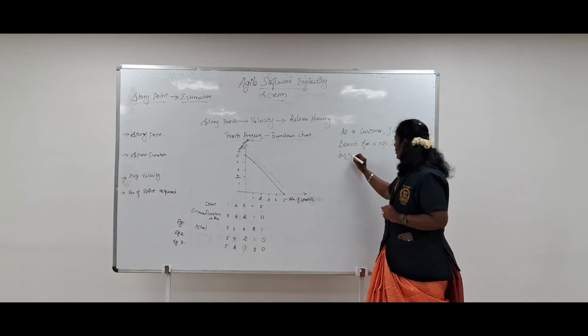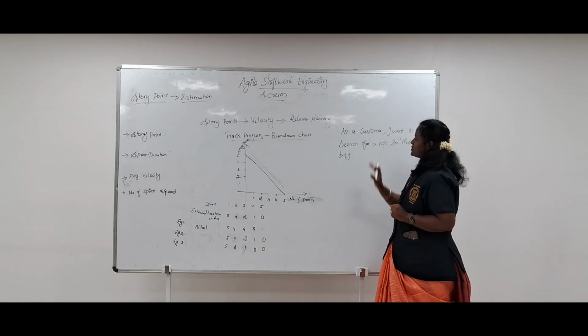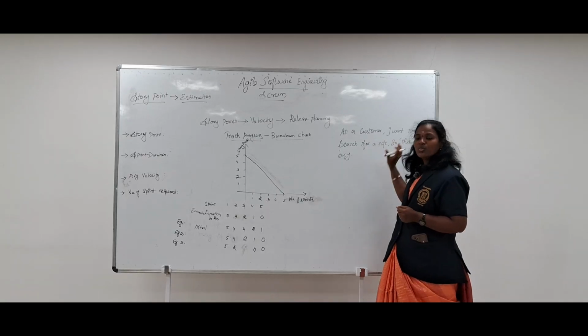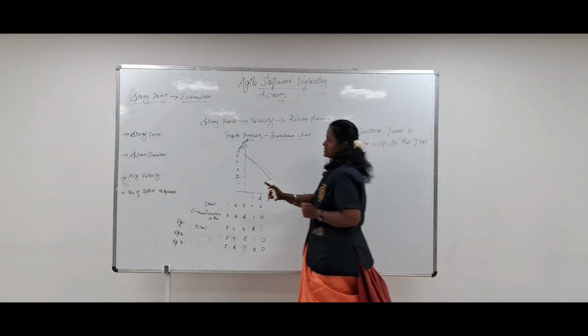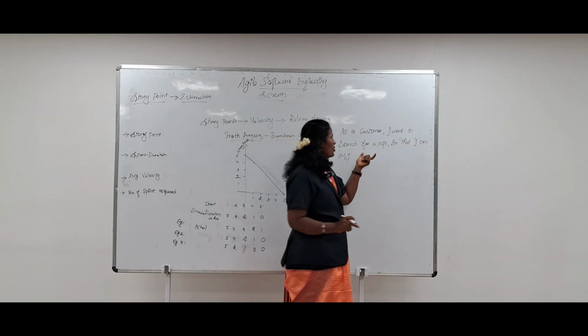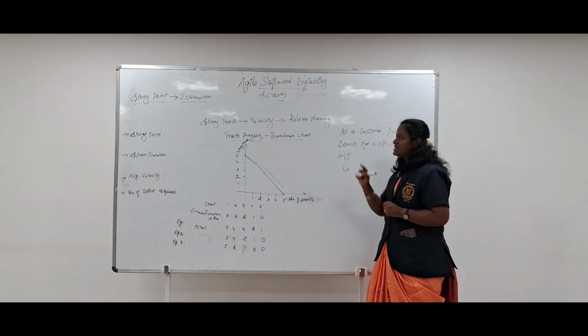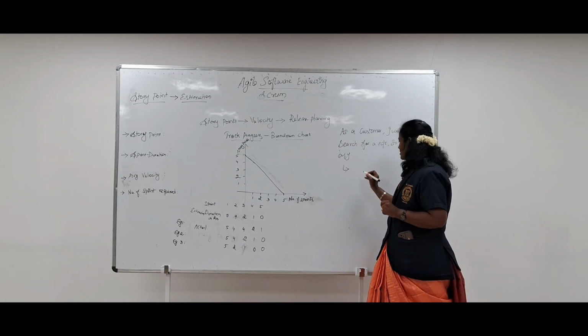Here, this is a user story. For this user story, we have to estimate the story points. What are the story points? How can the story points be estimated?